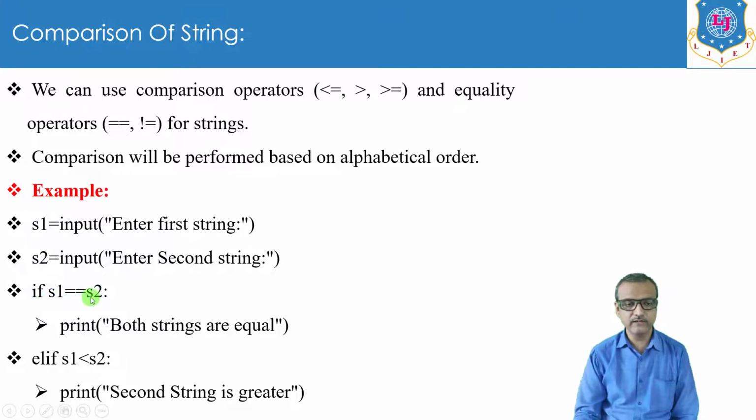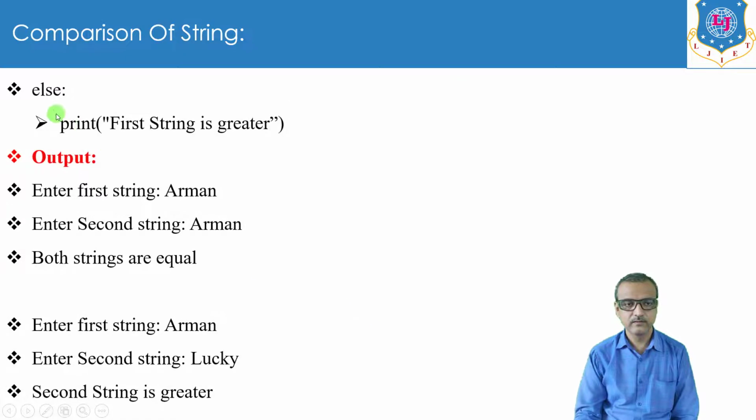If S1 equals S2, then print "both strings are equal". And if S1 is less than S2, print "second string is greater". Else print "first string is greater".